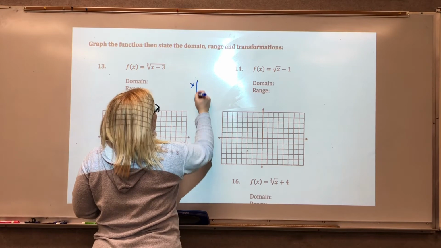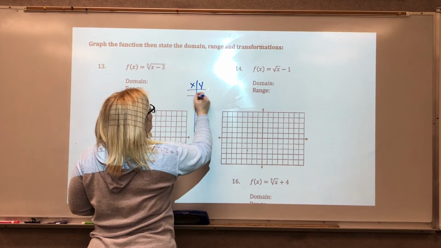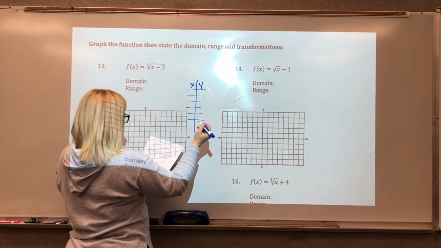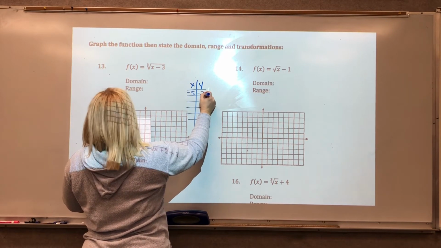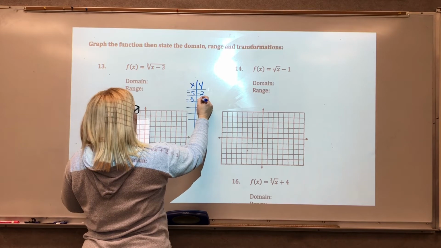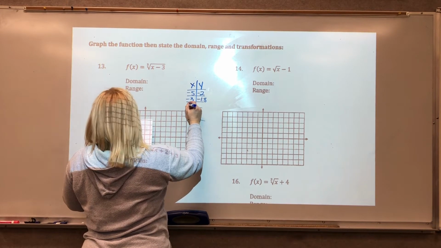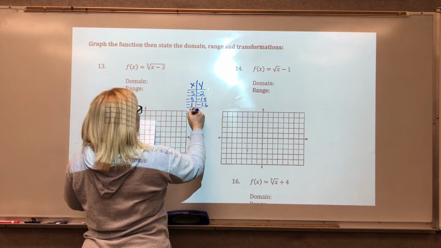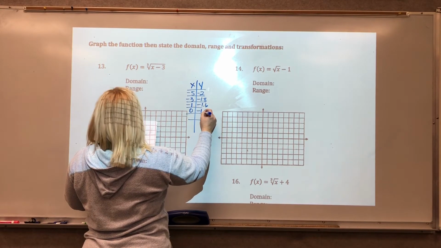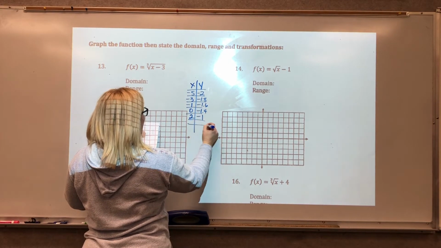So for example, for this one, I got -5, -2; -3, -1.8; -1, -1.6; 0, -1.4; 2, -1.